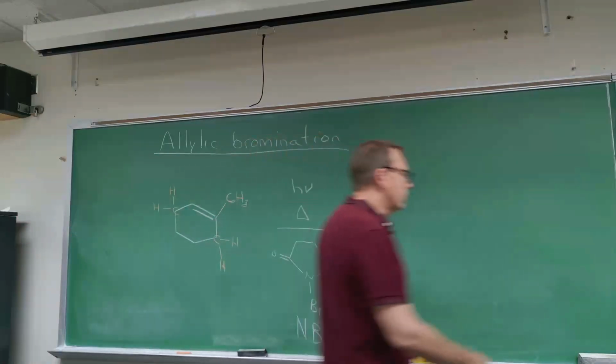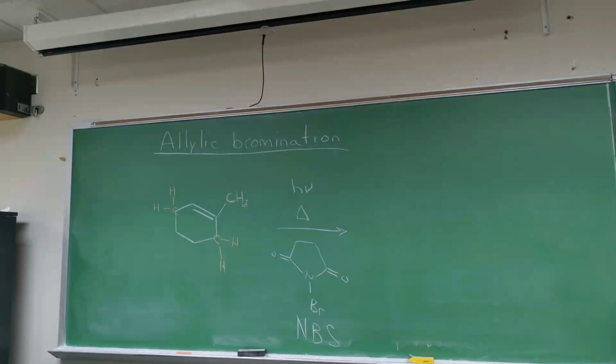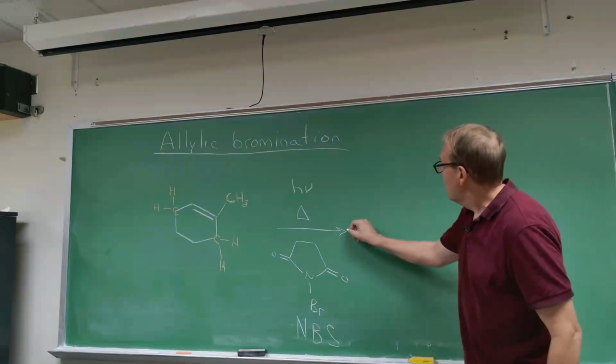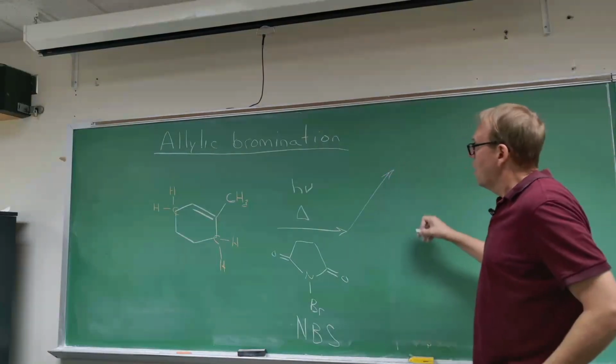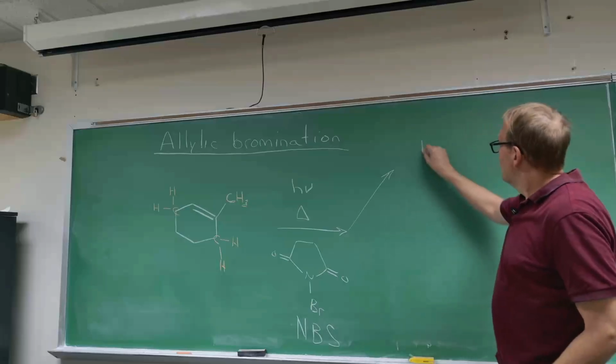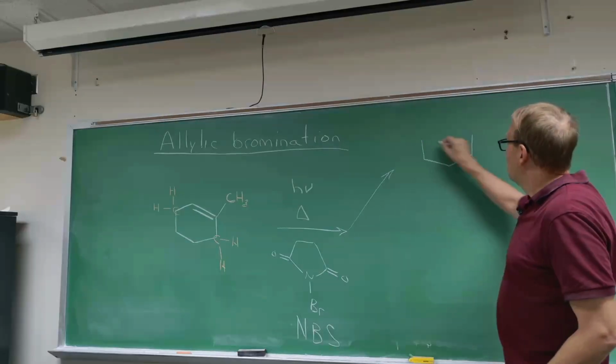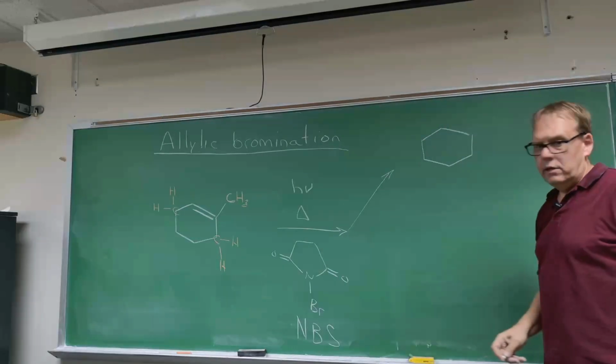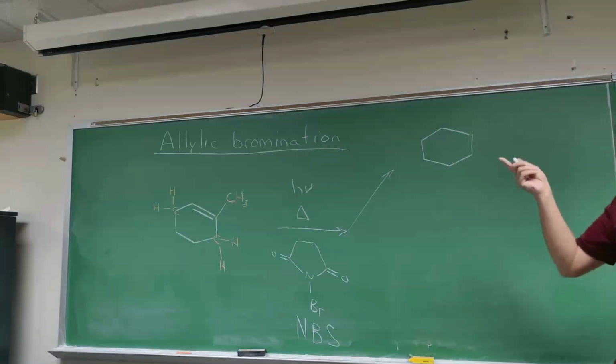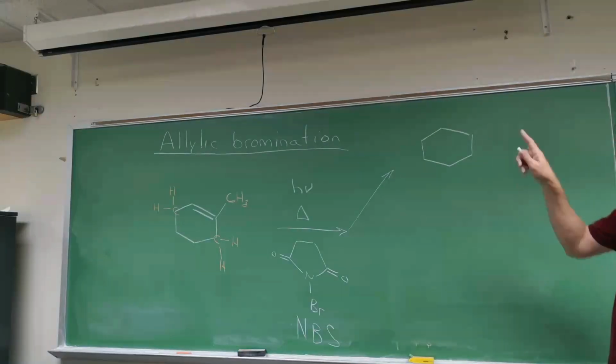And I'm going to do that over here. So we can handle them in any order we want, but let's go from left to right in this molecule or clockwise.